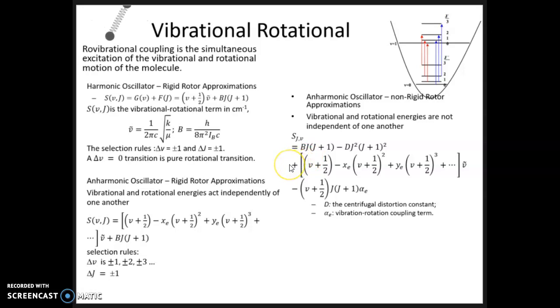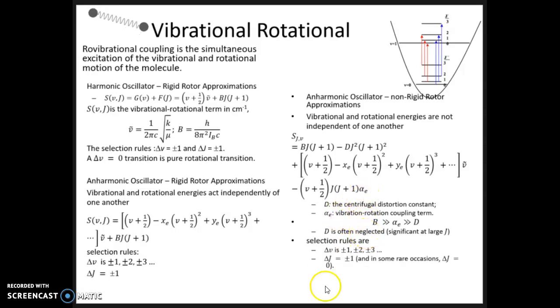Then we have the energy level for an anharmonic oscillator to the third term, and then we have a coupling term that involves the vibrational levels and the rotational levels.